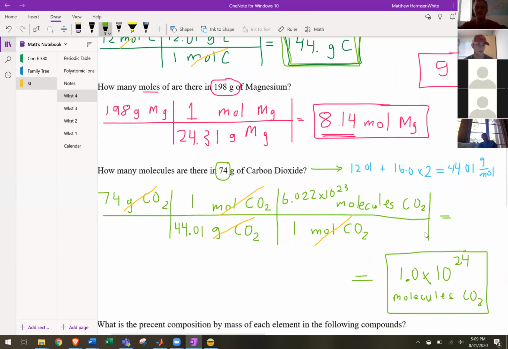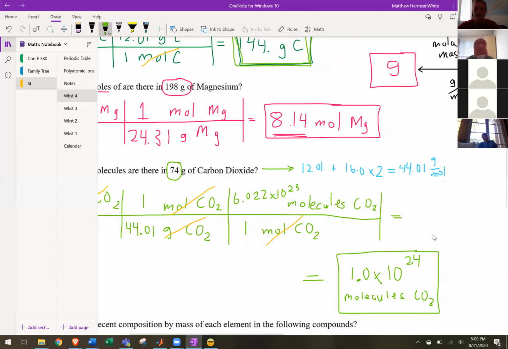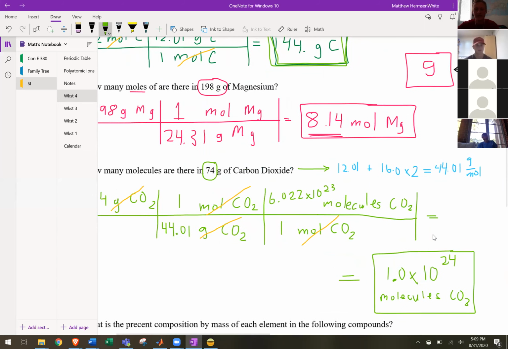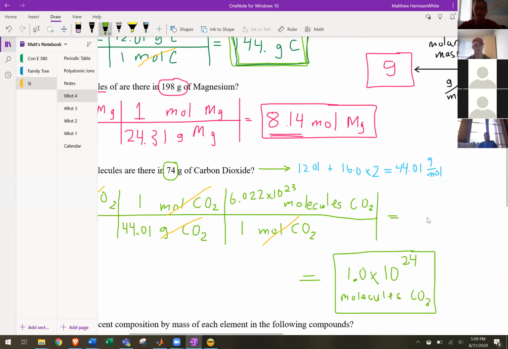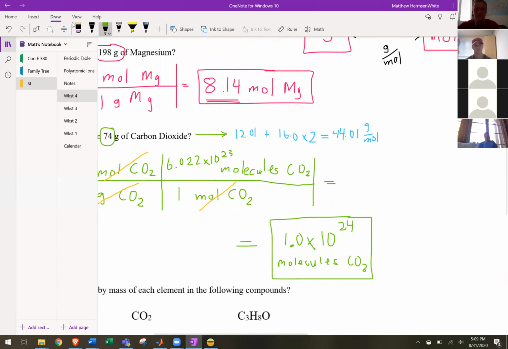Yeah. Okay. Thanks. So there is a way, let's say that the question wanted to say how many oxygen atoms are there? Well, then what we would have to do is take our answer here. If we wanted to find oxygen atoms, we would have to times this by 2. Does anyone know why we would times it by 2 if we were trying to get oxygen atoms?